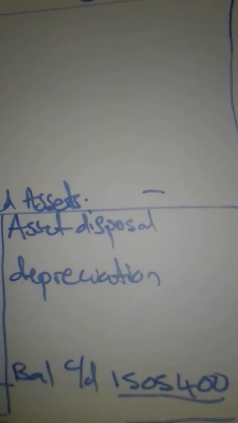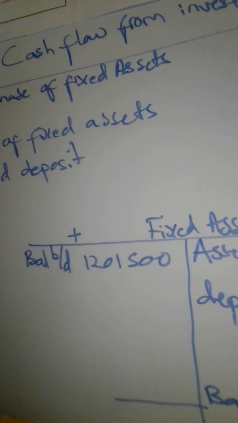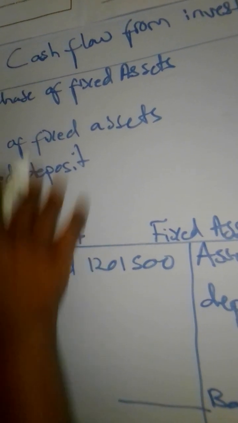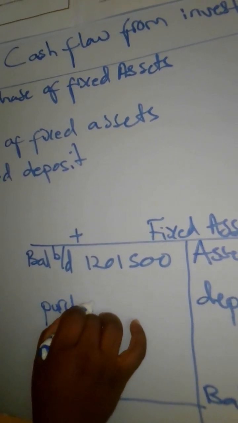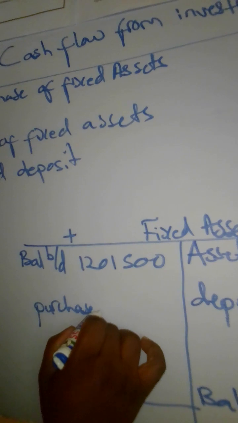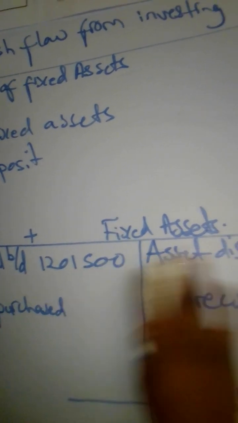The additions, the extra assets which increase this fixed asset account, will definitely appear on the debit side, because this account increases on the debit side. So I will indicate purchases. The purchased fixed assets will be found on this side. Asset disposal, we are given the amount: 23,500 disposed at carrying value.